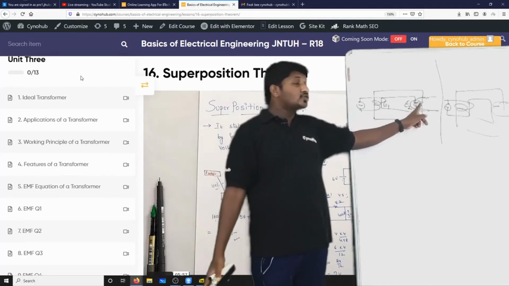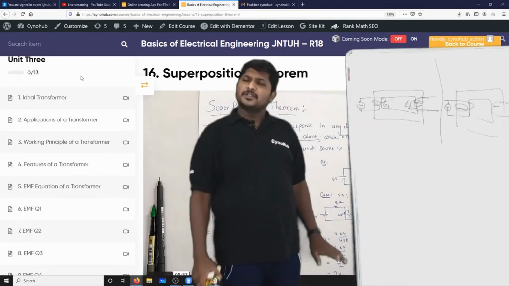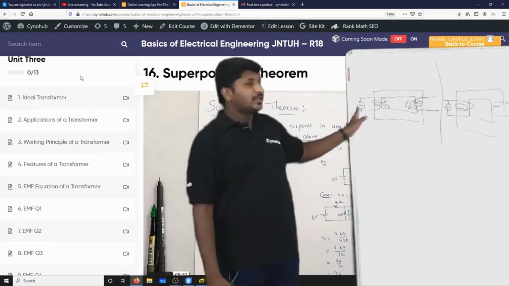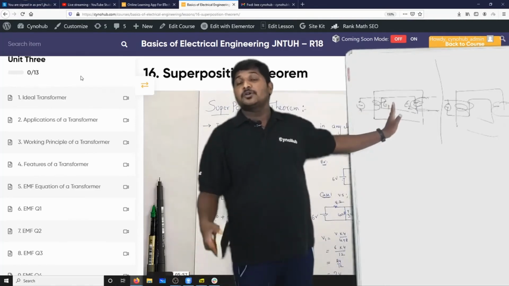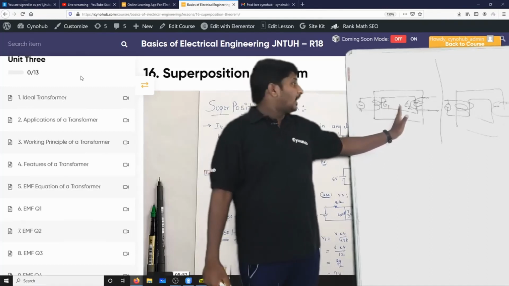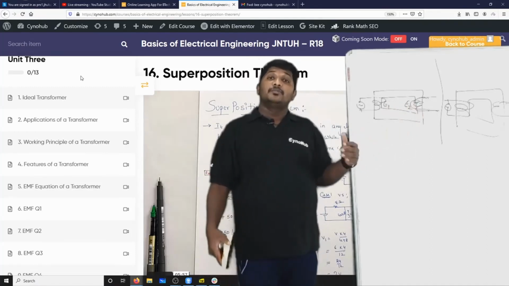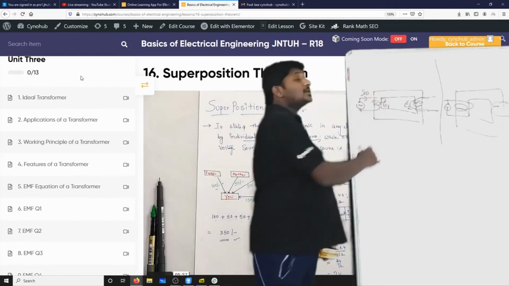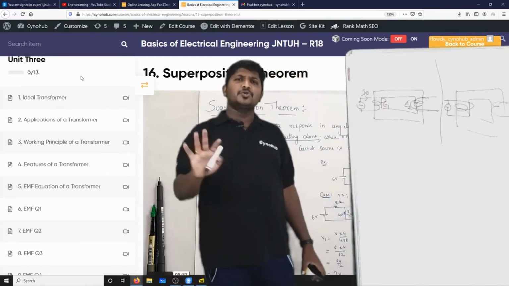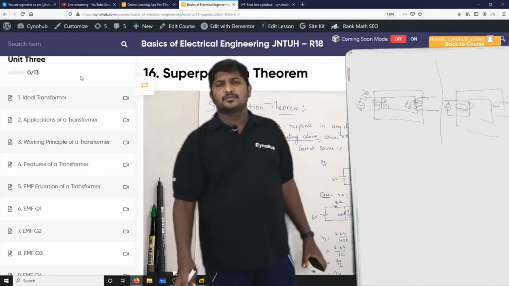It is a mutual induced EMF. That is the no load operation. I have given input voltage, self-induced EMF is induced, mutual induced EMF is induced, and there is a flow of no load current I naught. That is no load operation, very easy one.